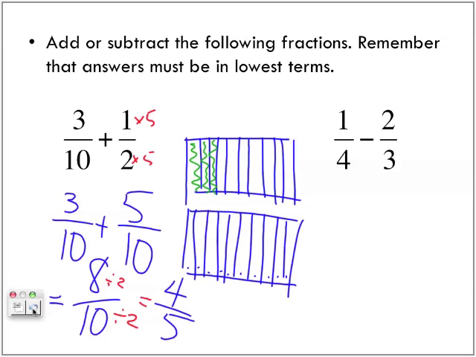So in reality here, half of this, this new whole that I've got here to represent this part, has to have the same number of equal pieces for me to add them. So we're referring to 3 tenths plus 5 more tenths to give us a total of 8 tenths, which would ultimately simplify then to 4 over 5.